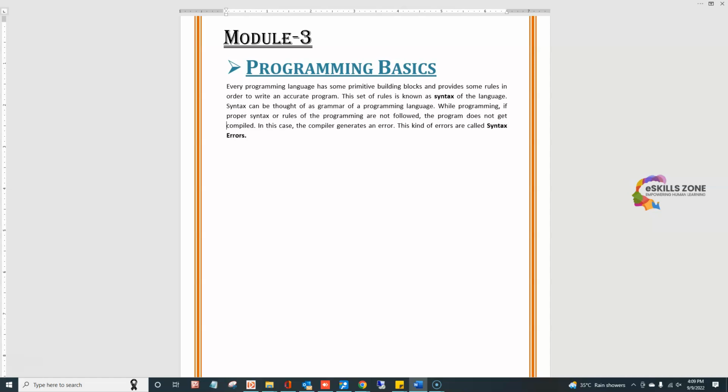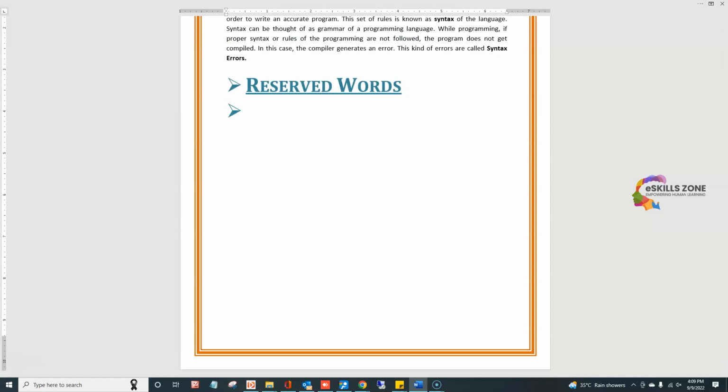Now I'll discuss one more topic which is very important: reserved words. So let's discuss these reserved words in C language. Every programming language has a list of words that are predefined.